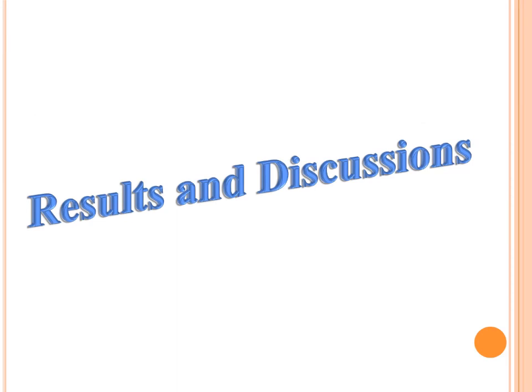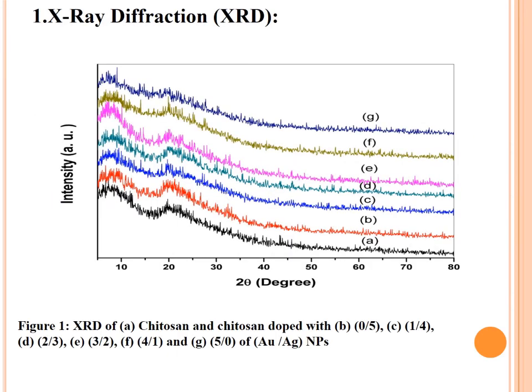Results and discussion. We studied the effect of both silver and gold nanoparticles on the structure, optical properties and antibacterial activity of chitosan. So, for X-ray diffraction of our system, as seen in the figure, chitosan shows diffraction peaks at 8.4, 9.9 and 21.9.